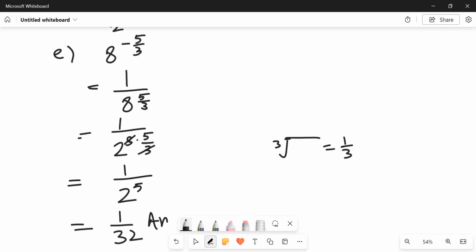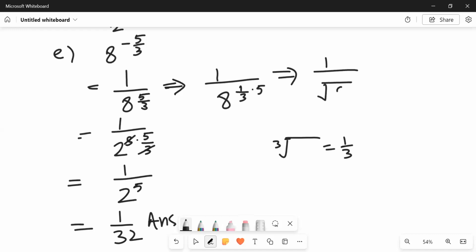This is the answer. But if we write in the radical form, here we have to write in the radical form. So I will write the radical form: 1/8, 1/3, and 5. And then I will write it as 8, 3 whole power 5.